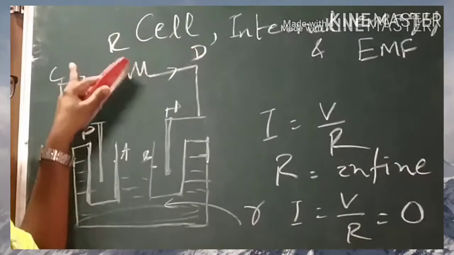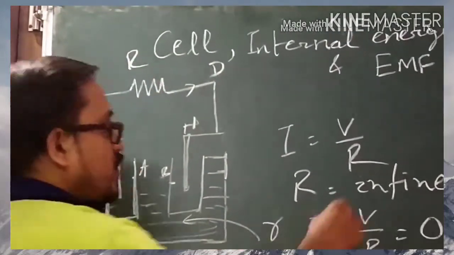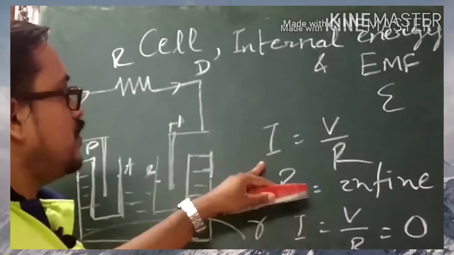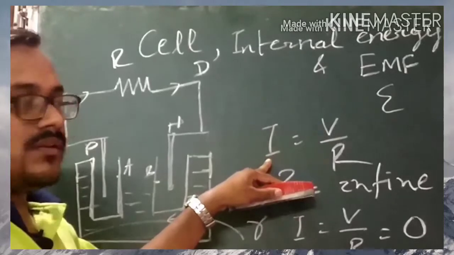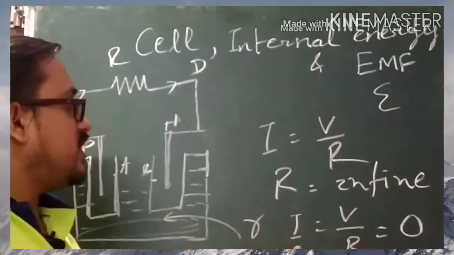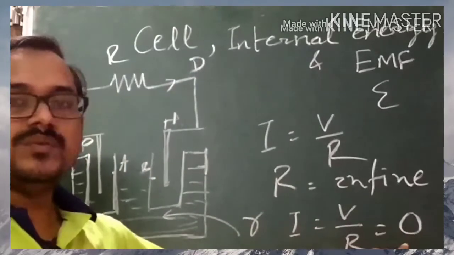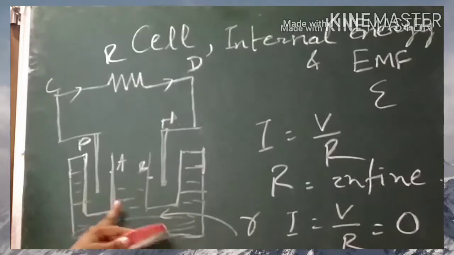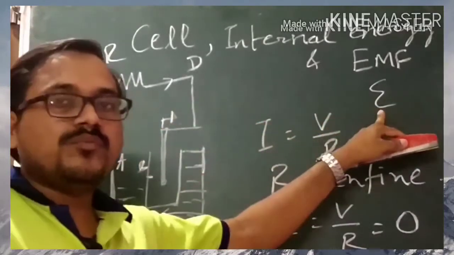That means this is open circuited. So when R is infinite, the current flowing through the circuit will be 0, and the potential difference which now exists between the two electrodes is called the electromotive force.